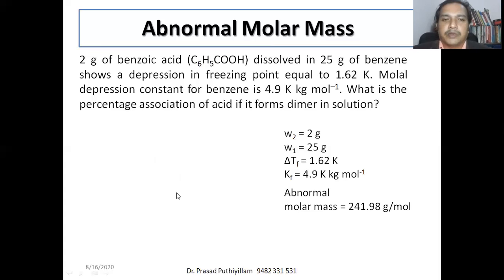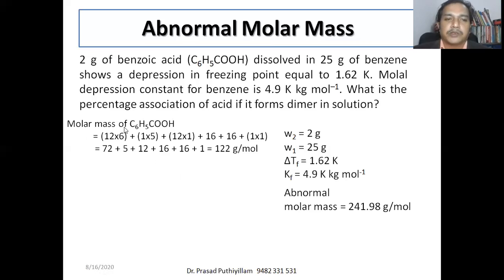Normal molar mass we have to calculate for C6H5COOH. The molar mass of C6H5COOH can be calculated as 12 into 6, that is carbon, whose atomic mass is 12, multiplied by 6 carbons, hydrogen 1 five times, plus carbon 12 into 1, oxygen 16 plus hydrogen 1.